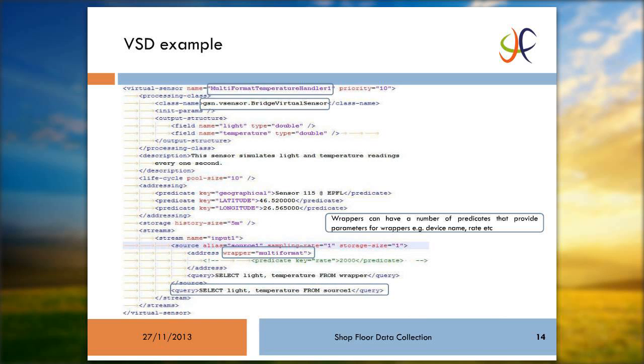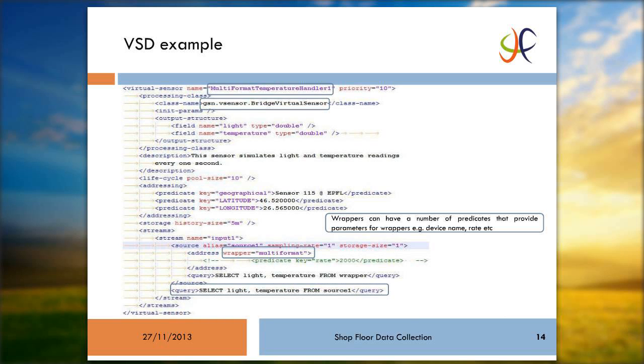So now here we will see a simple example of virtual sensors. Like we already said, GSN is all about virtual sensors rather than about sensors. For instance, this simple example has a virtual sensor named multi-format temperature handler, or whatever. This virtual sensor makes use of a processing class.